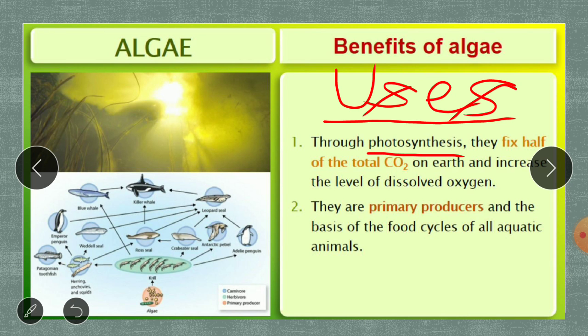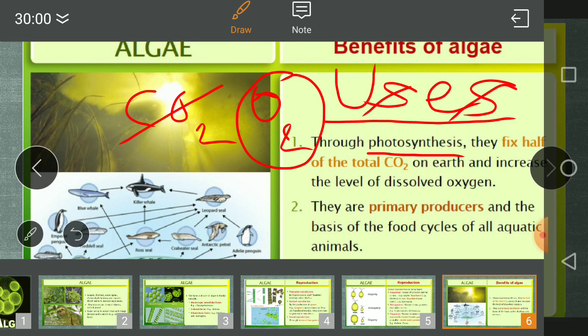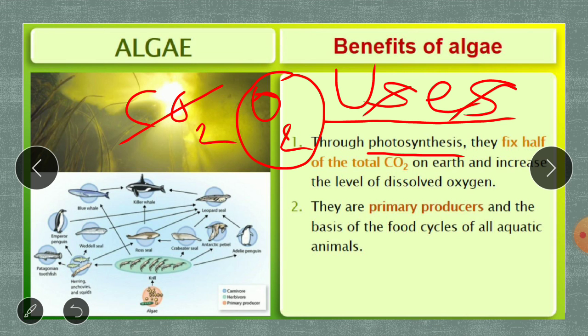During photosynthesis, they take in carbon dioxide and give out oxygen, which is necessary for the survival of life on this earth.